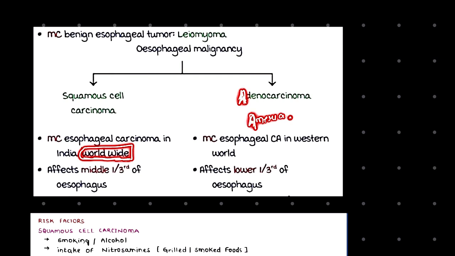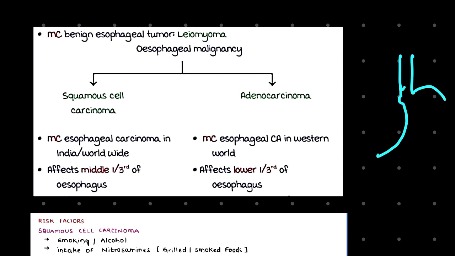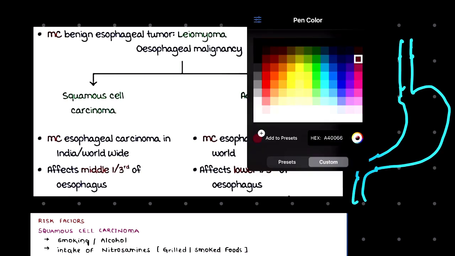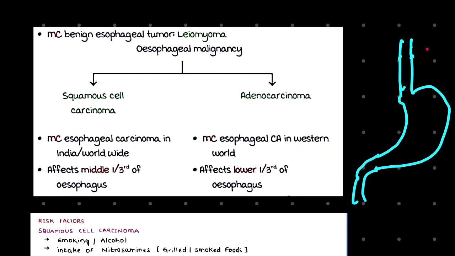Okay, now another difference is that squamous cell carcinoma affects the middle 1/3 of esophagus. I'd like to draw here. Okay, this is our esophagus, right? This is our stomach. So talking about the position of squamous cell carcinoma, it affects the middle 1/3.